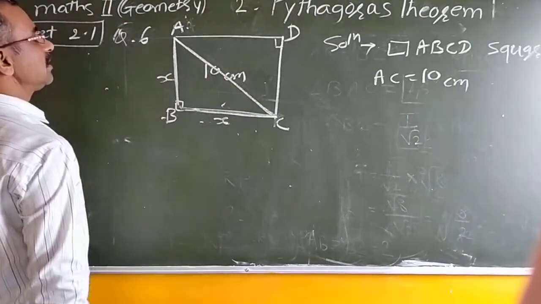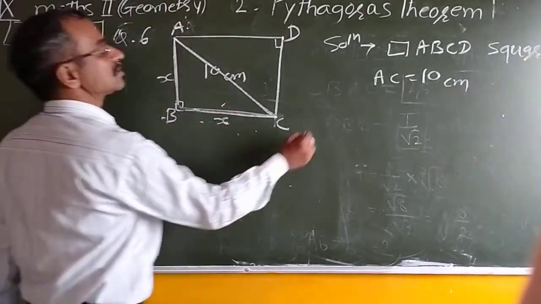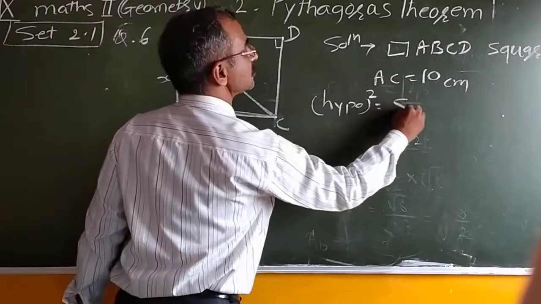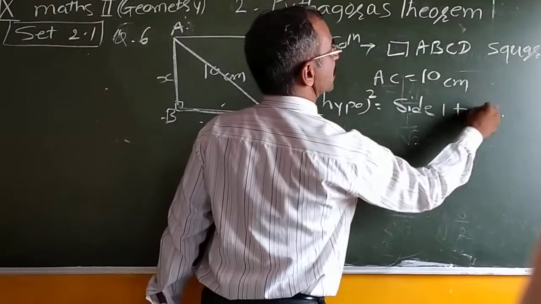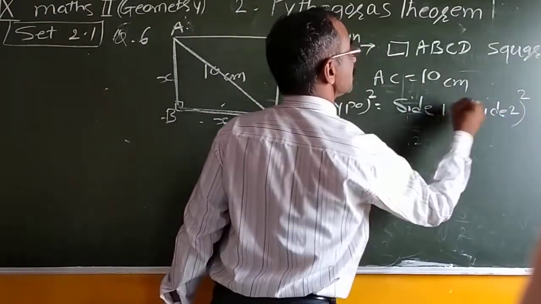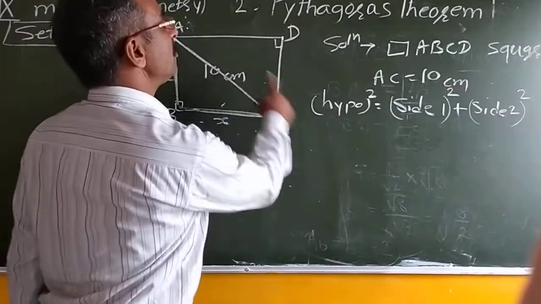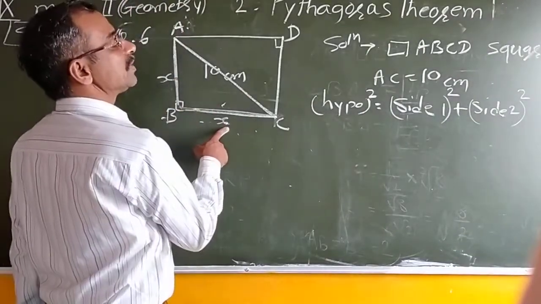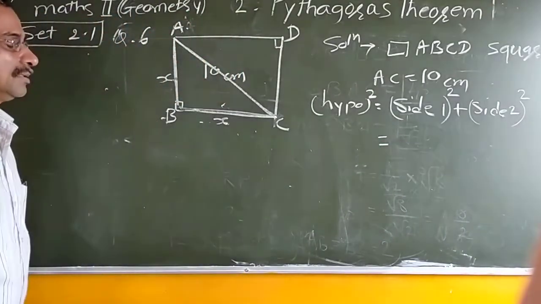By using the right angle triangle property, the hypotenuse square is equal to side 1 square plus side 2 square. Means in the right angle triangle, the hypotenuse square is equal to the sum of the squares of the remaining sides.